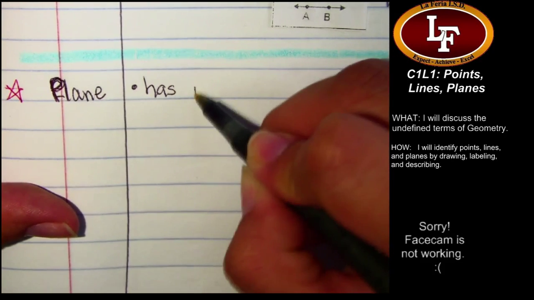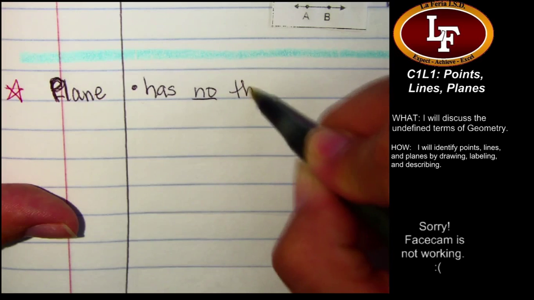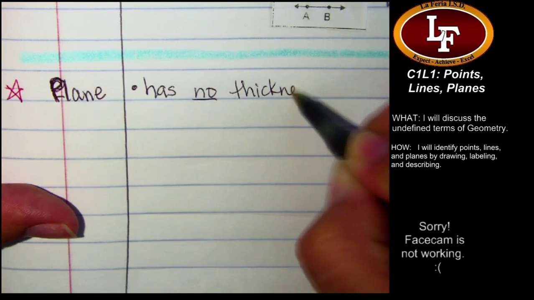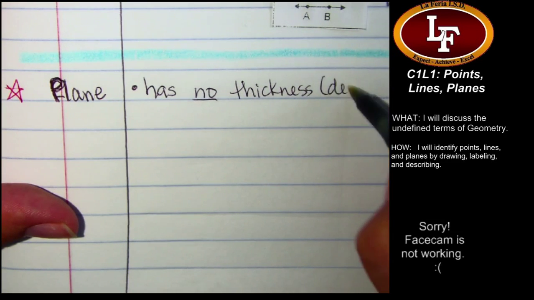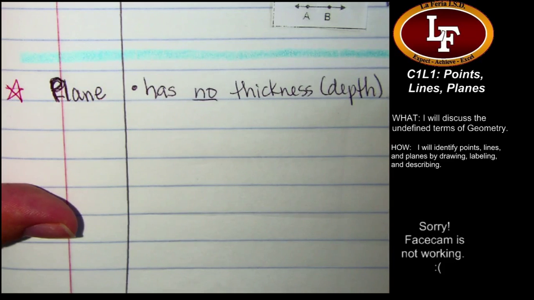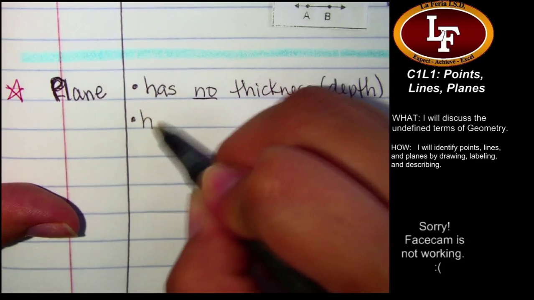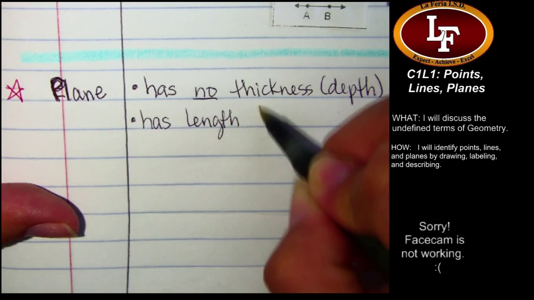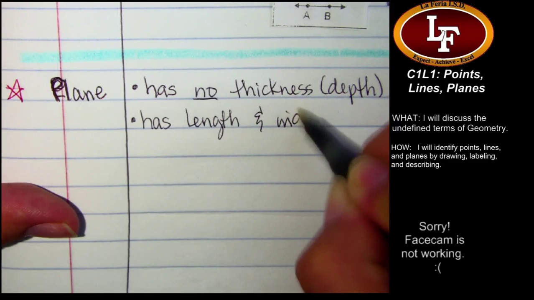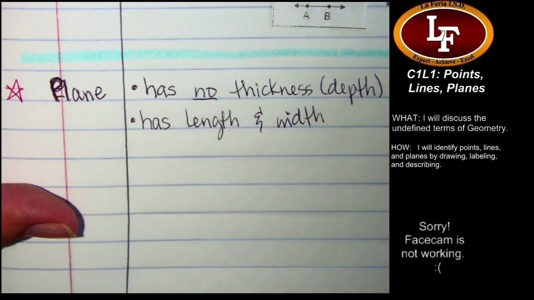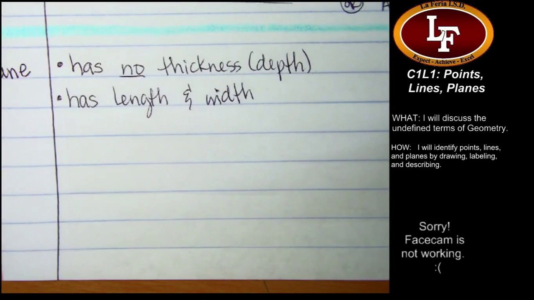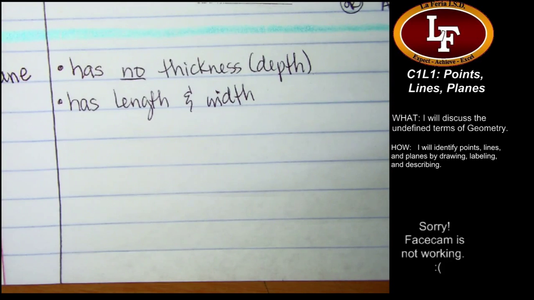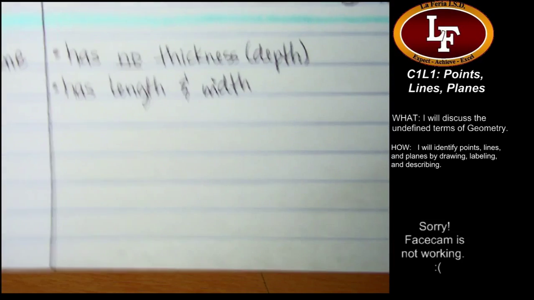A plane has no thickness, which we're going to call depth. What it does have, however, is a length and a width. Now here's where things are going to get interesting.